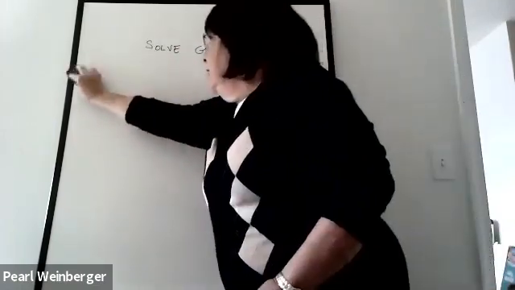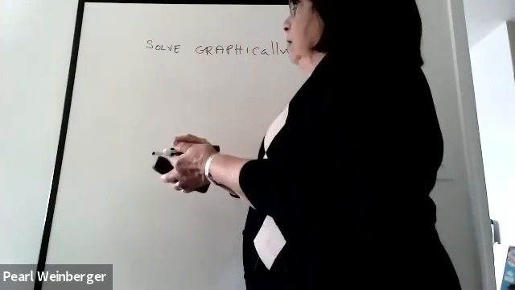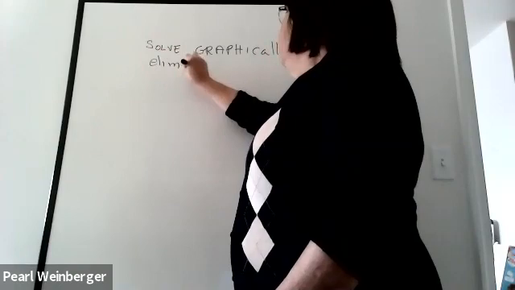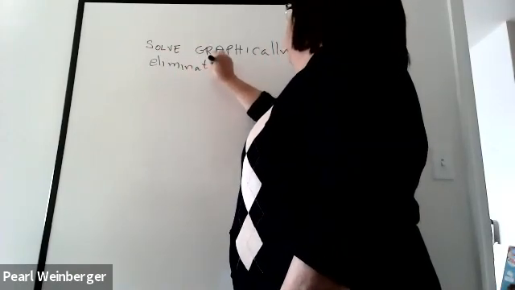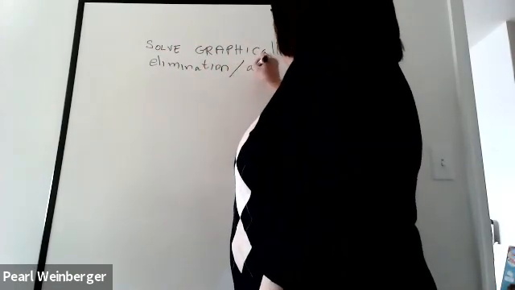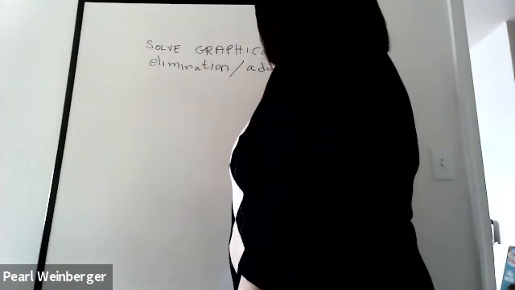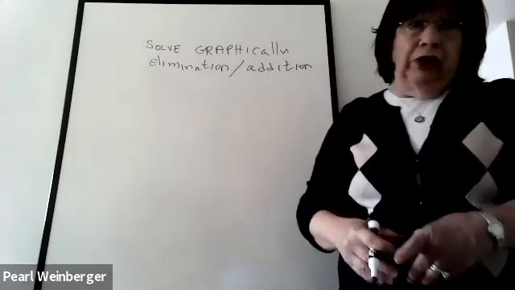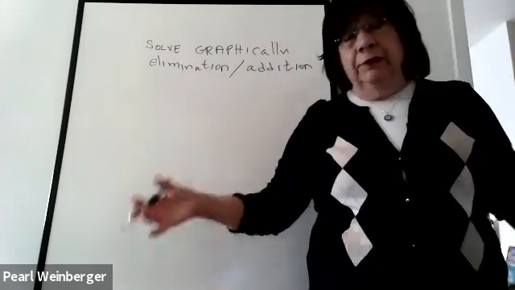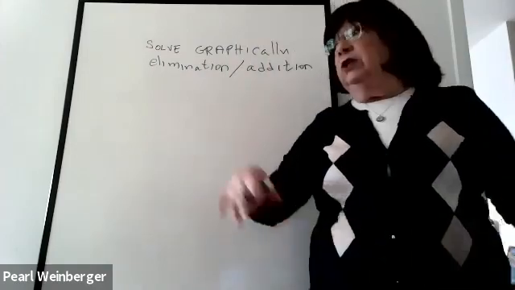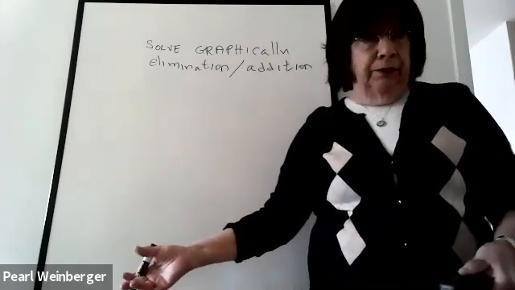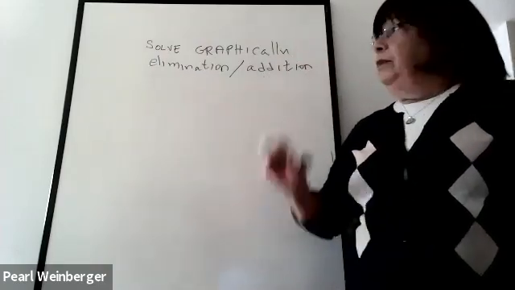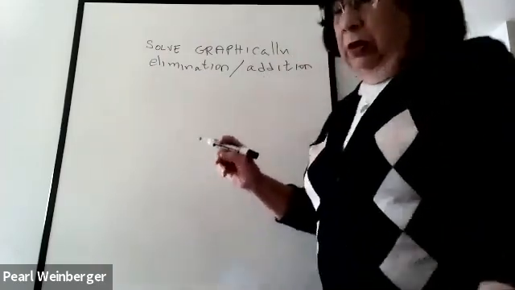The method can either be called the elimination method, or sometimes it's called the addition method, depending on which textbook you're looking at. Sometimes Delta Math calls it elimination, and our textbook will call it addition, but they mean the same thing. They're the same method.